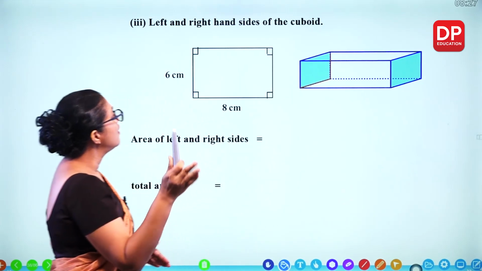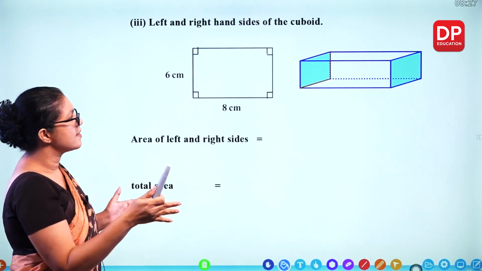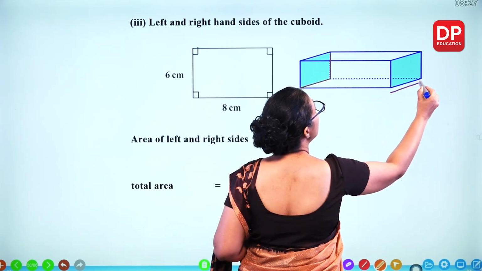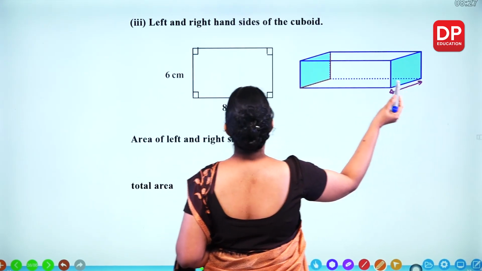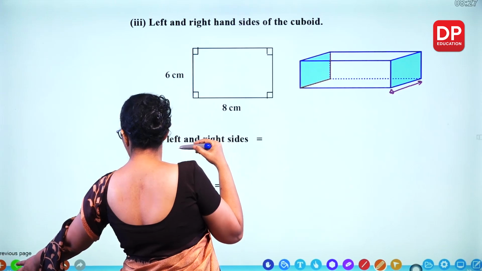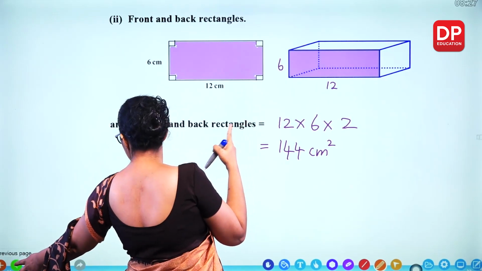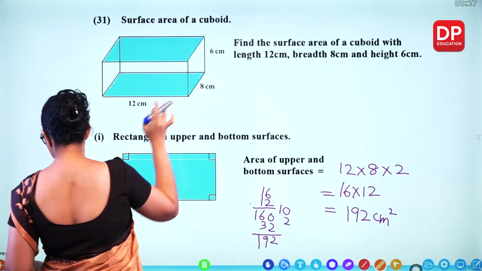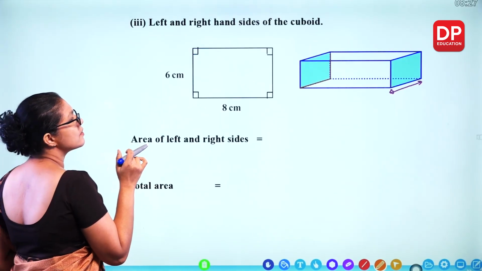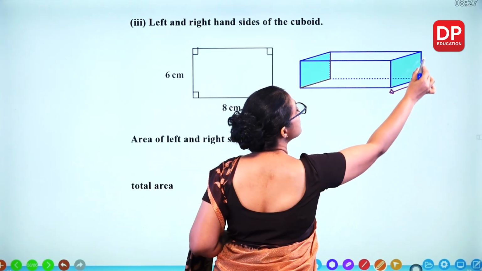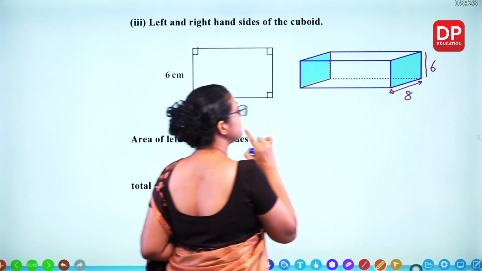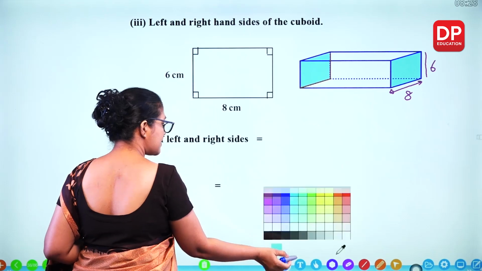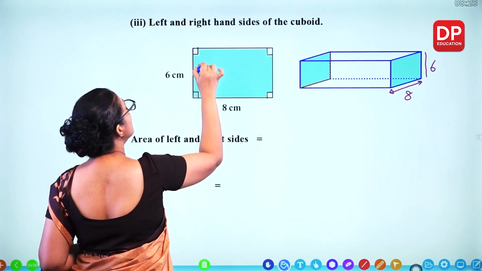What's the length of this side? That's the breadth of the rectangle in the first diagram. It's the breadth, 8. So 8 and 6 you are getting. So 8 here and 6 this side. So 8, 6 is this rectangle. So I'll color the same thing here.